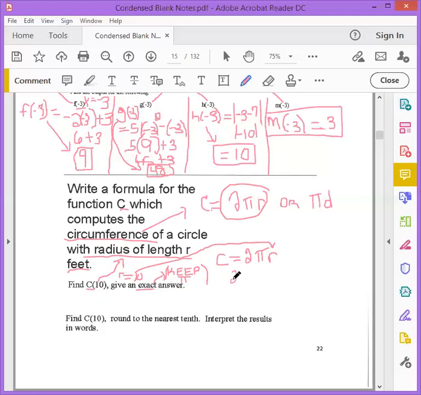So 2 times pi, we're keeping the pi symbol, times the radius is 10. Simplify a little bit more, 2 times 10 gives us 20 pi, and carry down the pi. So this will be our circumference, given an exact answer when the radius is 10.